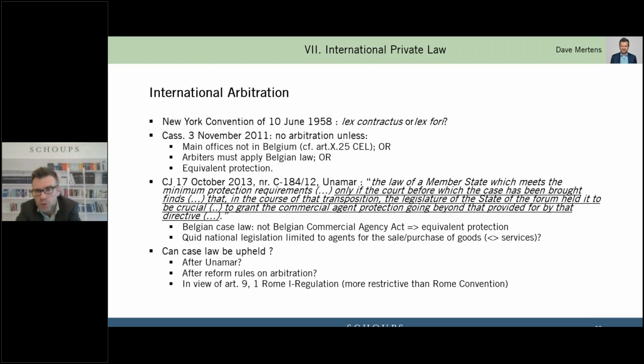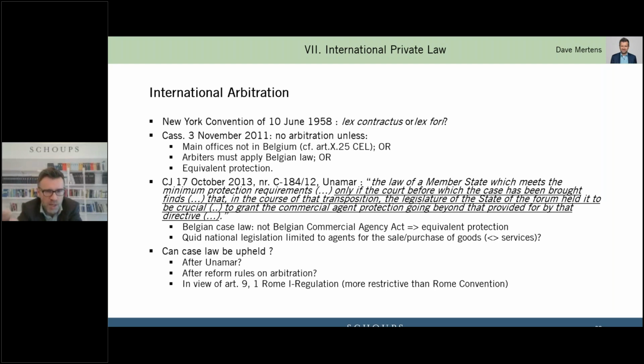So the solution there is, if you choose the courts of another member state, then it will never come to the Belgian court. So the Belgian court will be in no position to impose Belgian law. It also means that choosing arbitration in these cases could be a bit of an issue, because then you might say, well, I still have jurisdiction, I will disregard the arbitration clause in itself.